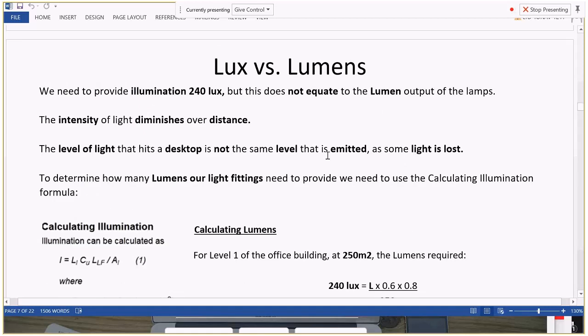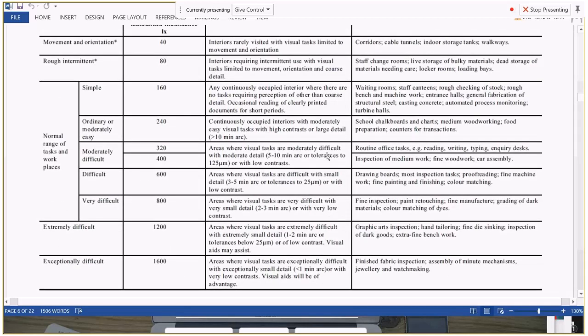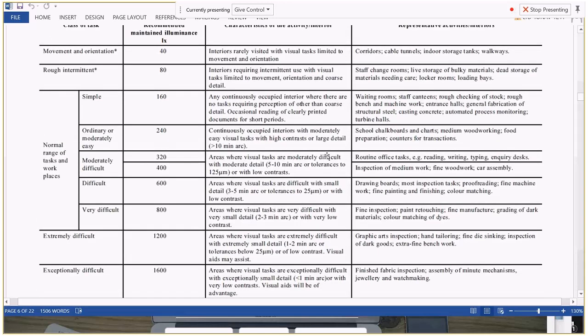So go back up to our table here. We need to keep the moderate difficult. So yeah, it's 400, 320. Yeah, so I suggest going for 320.